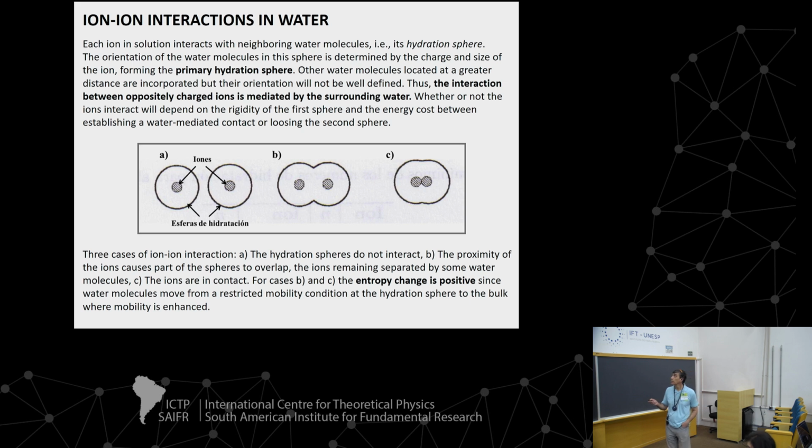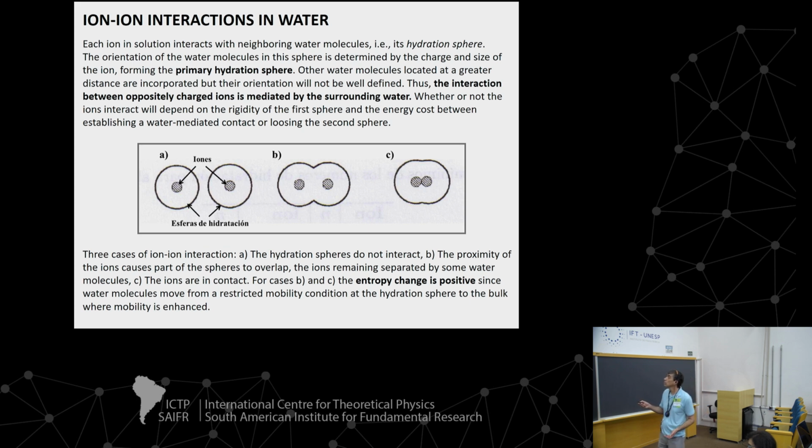And you can have three different situations depending on the strength of the different interactions involved. In some case, you can have here that the ions have a very strong hydration spheres, so they are going to be screened. In this case, the screening is less, so you are going to have the two ions at a closer distance, and at some point they are going to collapse.